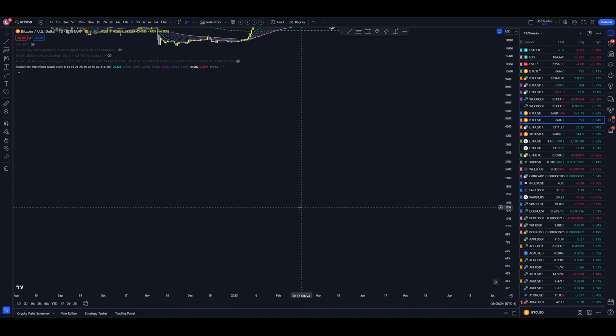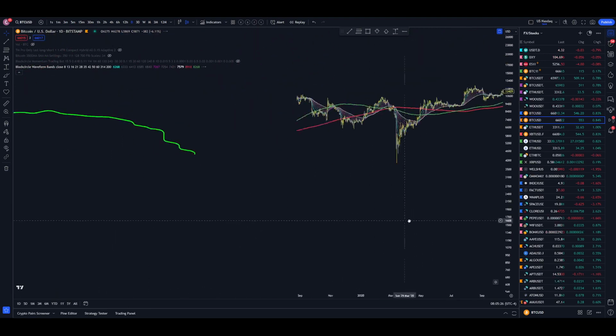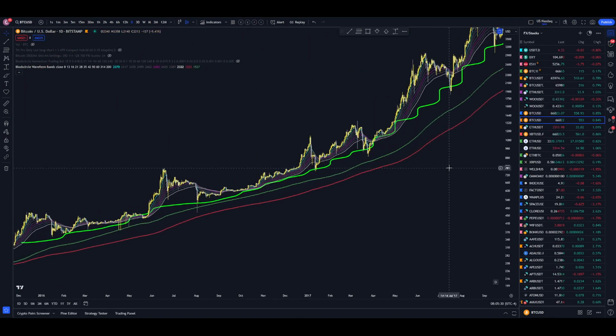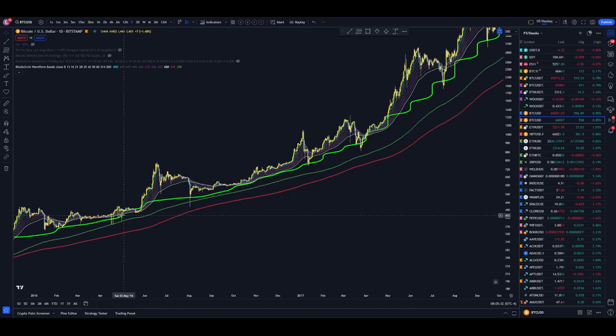Likewise, if we go down even further to the daily, we can also see that often this lines up with the 200 on the daily. So we want to be buyers into the monthly 8 EMA, we want to be buyers into the weekly bands, and we want to be buyers into the daily 200 EMA.